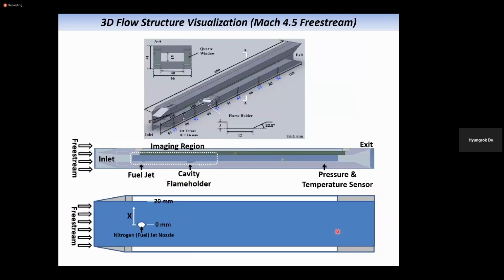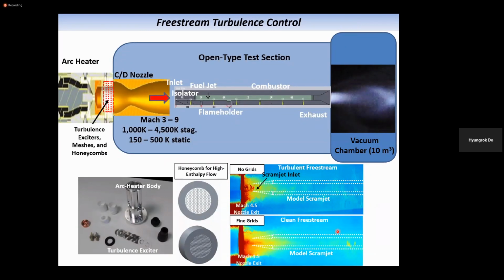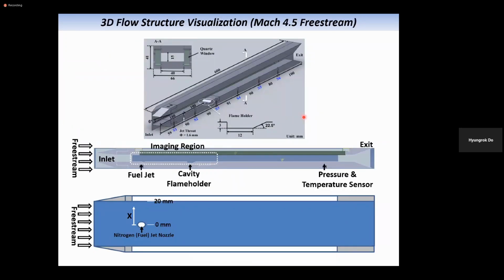As an example, you have a model vehicle that has a window. So an optical access window is required for your measurement. Then what kind of optical access window should be used? That depends on your measurement technique.